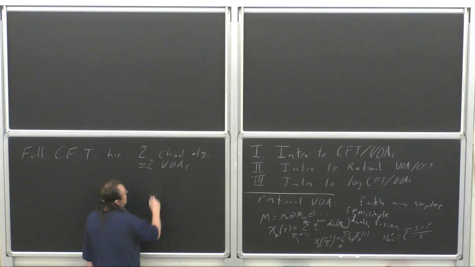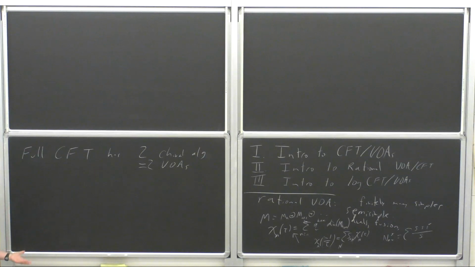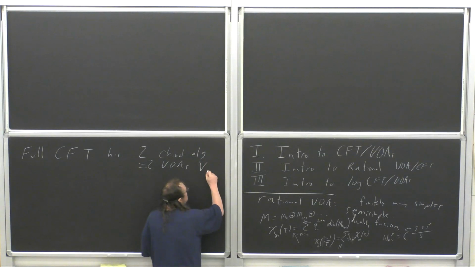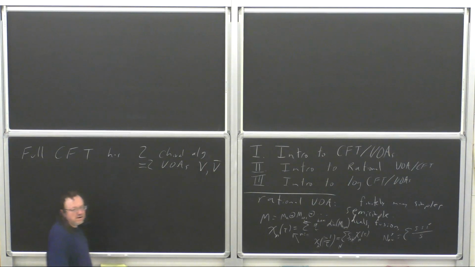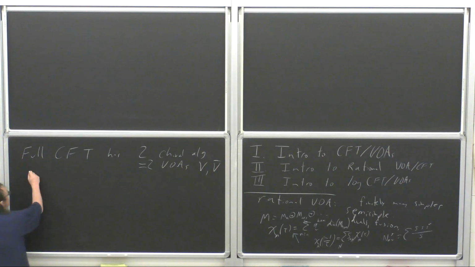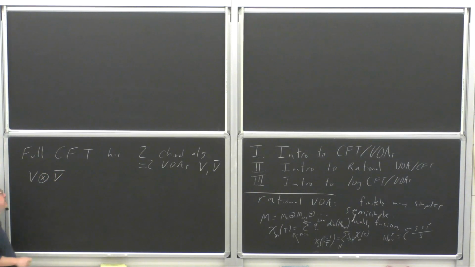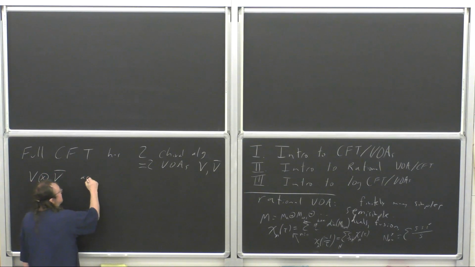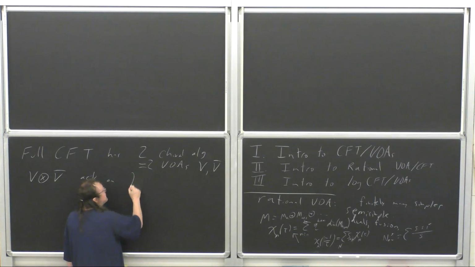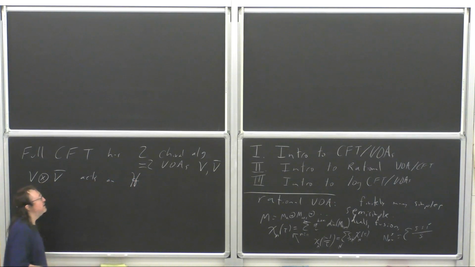These can be isomorphic, or in the heterotic case, they won't be isomorphic. But we need to splice. So let's call these VOAs, just for the heck of it, V and V bar. And then the tensor product of these two acts on the Hilbert space, the space of states for your theory.